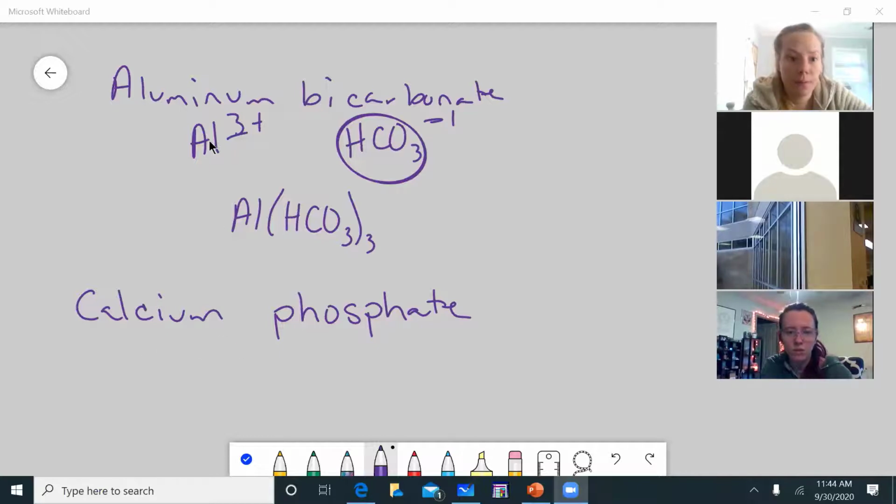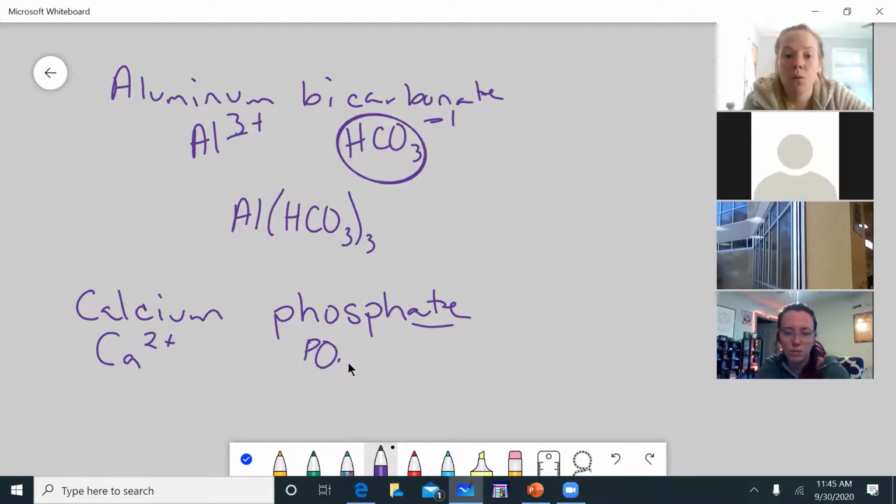Okay, so for this one, calcium phosphate, we're going to write our metal with its charge. Calcium has a 2+ charge. Phosphate, I see that ATE and I say, okay, ATEs, ITEs, it's some sort of polyatomic ion. Obviously it's a polyatomic ion because we're working in that section of the chapter, but when you're on a test, it all sort of gets jumbled together. So identify what my polyatomic ion is.